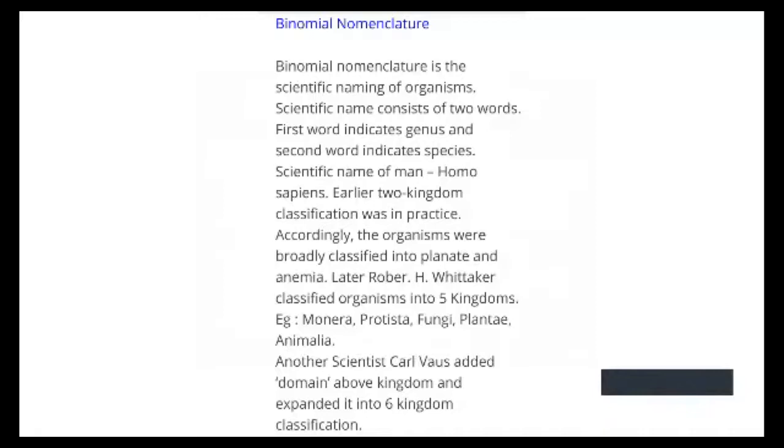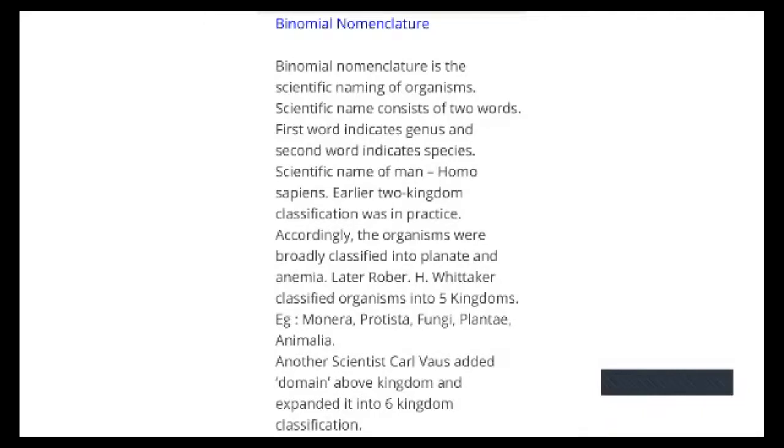Scientific name of man is Homo sapiens. Earlier, we know that there was the two kingdom classification, which you have studied now. The two kingdom classification is about plants and animals.